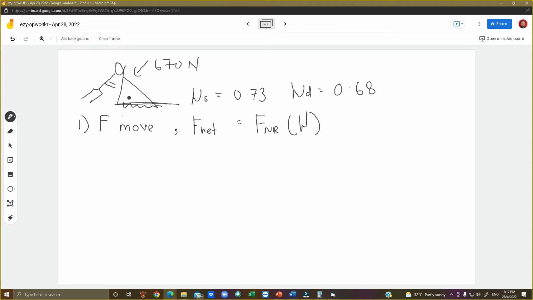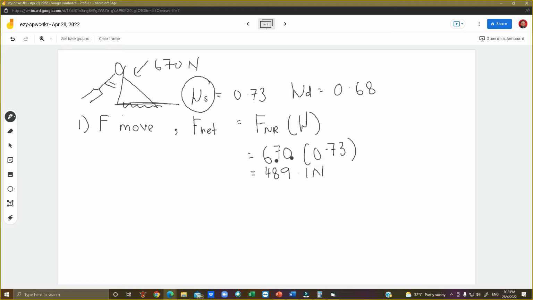Jadi untuk mula menggerakkan, we are going to use the static coefficient of friction first. Jadi kamu dapat 670 kali 0.73. Berapa? 489.1 Newton.